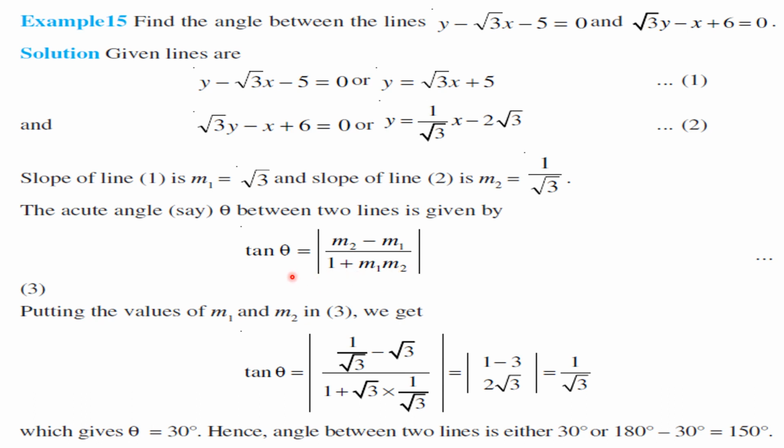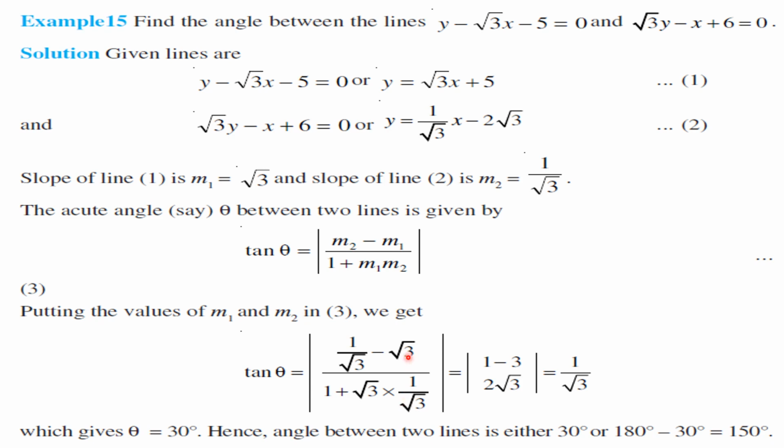Right. So in this formula, let us substitute the values of m1 and m2. Putting the values of m1 and m2 in equation 3, we get tan theta is equal to modulus of, what is m2 here? 1 by root 3. So 1 by root 3 minus m1. What is m1 here? Root 3, by 1 plus m1, that is root 3 into, what is m2 here? 1 by root 3.